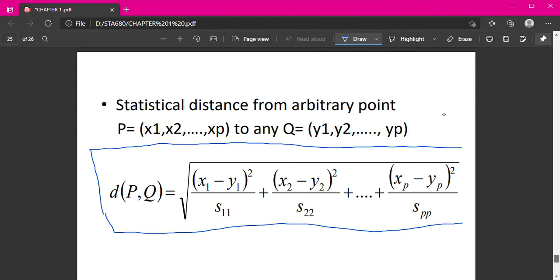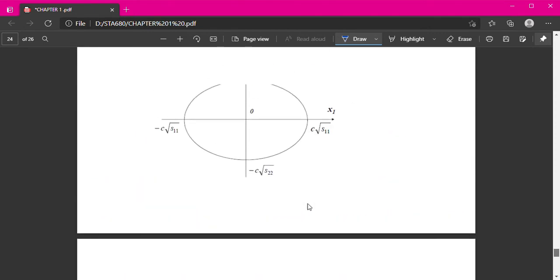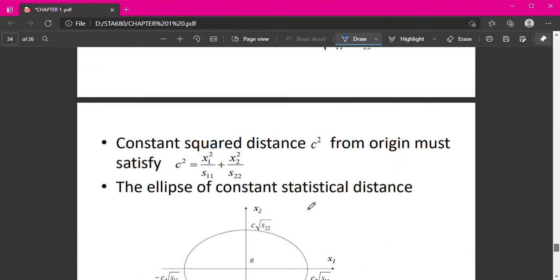Okay, it is x1 minus y1 if we have these 2 points. x1 minus y1 square divide, okay, dia kena bahagi dengan the variance. Okay, the variance of the variables.